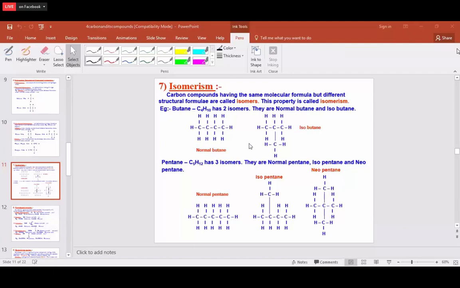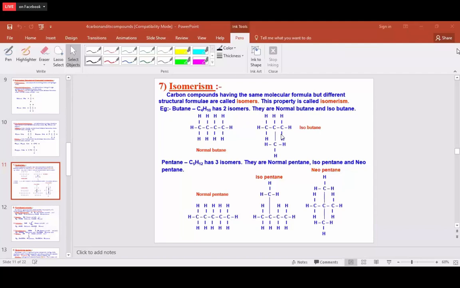Now the next one is the isomer. Using this molecular formula C4H10, we are just going to rearrange the carbon atoms, but it should not resemble the same structure. We have to write it in a different manner. That we call isomerism, right? So instead of writing four carbon atoms in a straight chain, we write only three carbon atoms.